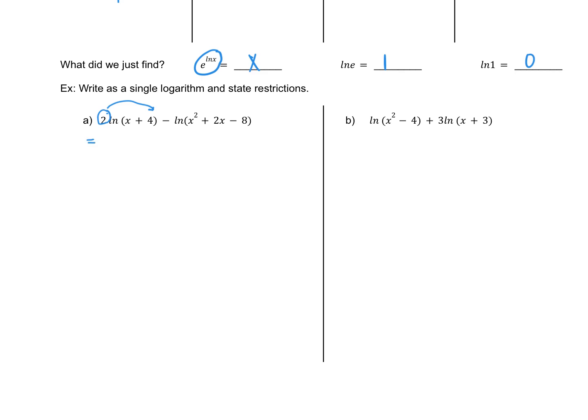So I'm going to start off by writing this as ln of x plus 4 to the power of 2 minus ln, and I'm just going to factor this for later on, x plus 4, x minus 2. And then if we have the subtraction of two logs, we can just divide their arguments. Same thing applies for ln.